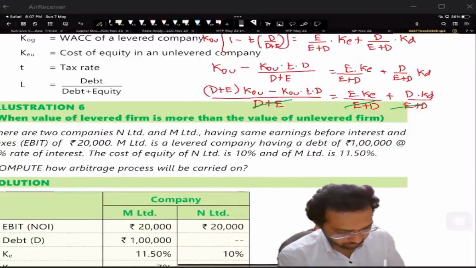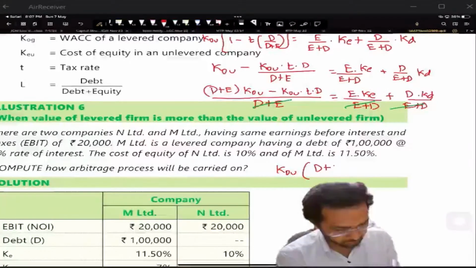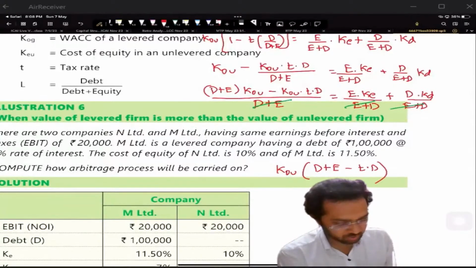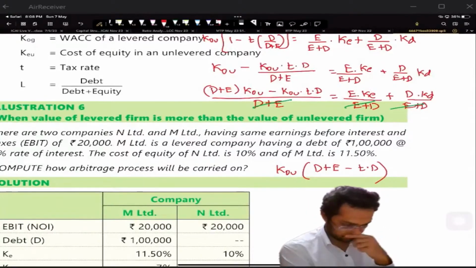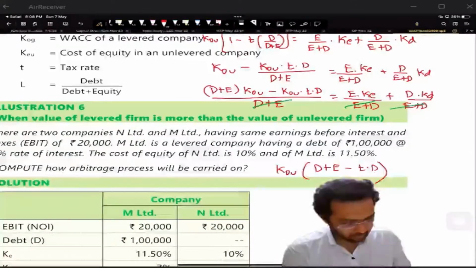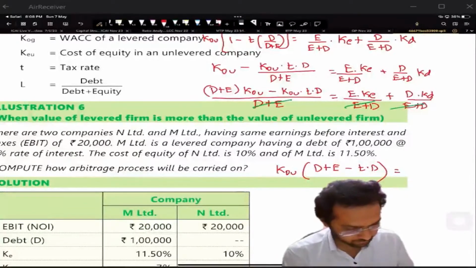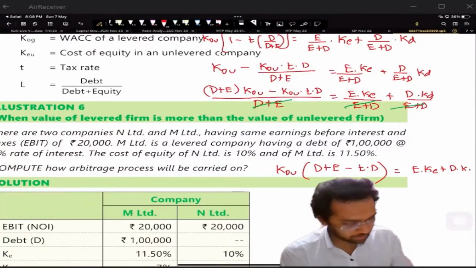So we can take K of unlevered on the other side. And what we will have is debt plus equity minus tax into debt rate. And this side you have equity into K plus debt into KD.